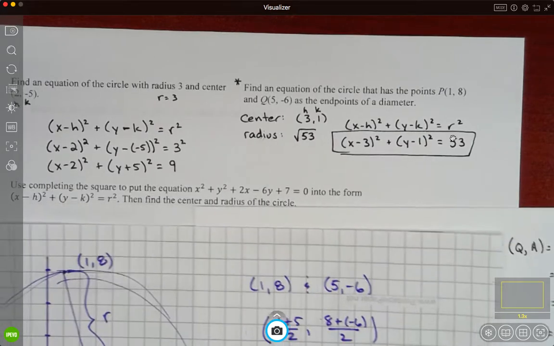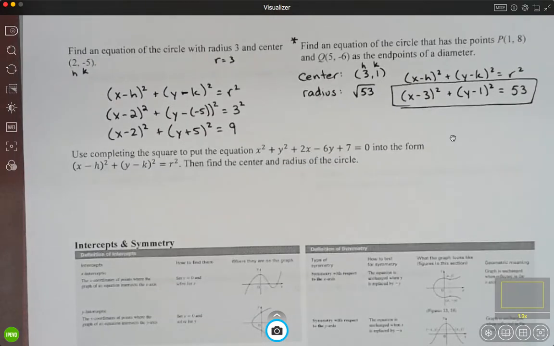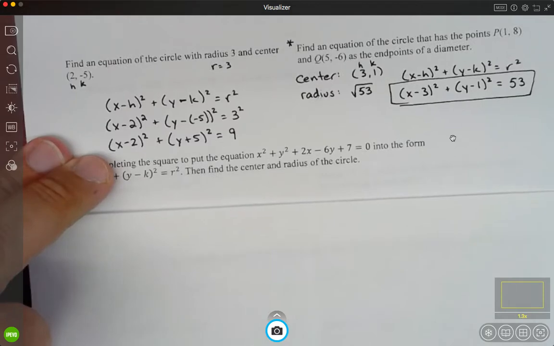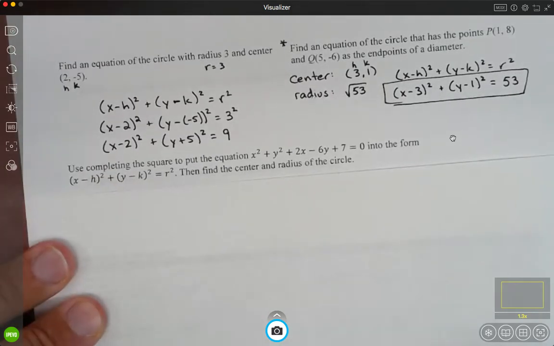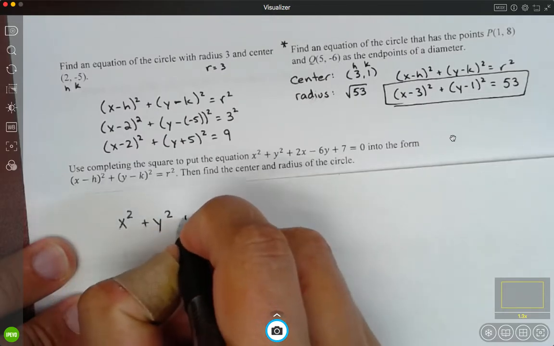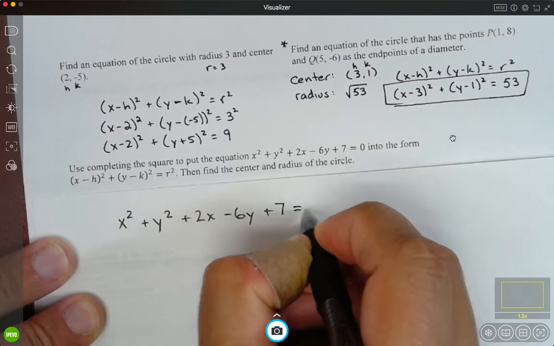And then the last one uses a little bit of completing the square. Okay, so with completing the square, what we want to do is we're going to take this equation, x squared plus y squared plus 2x minus 6y plus 7 equals 0.